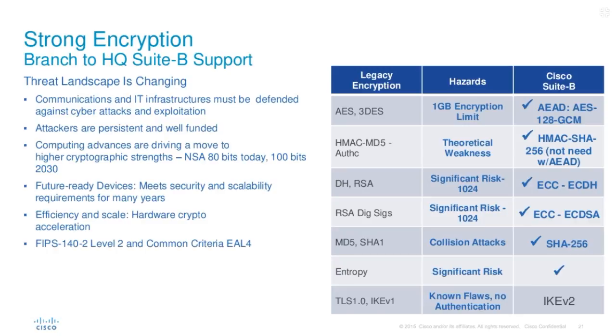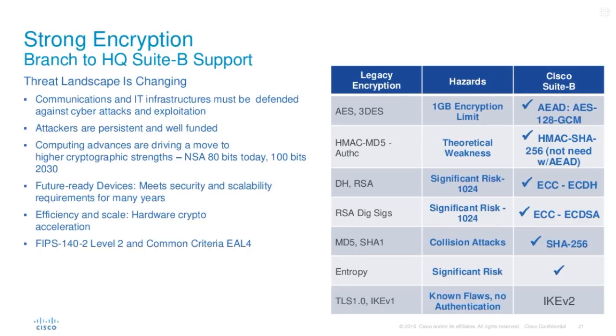A lot of other recommendations go along the lines of using AEAD, which is authenticated encryption with associated data, which is part of the AES 128 GCM component. That combines the authentication of the packet, authenticating that the packet has not been adjusted or shifted in transport, along with the confidentiality or the encryption of the data itself.